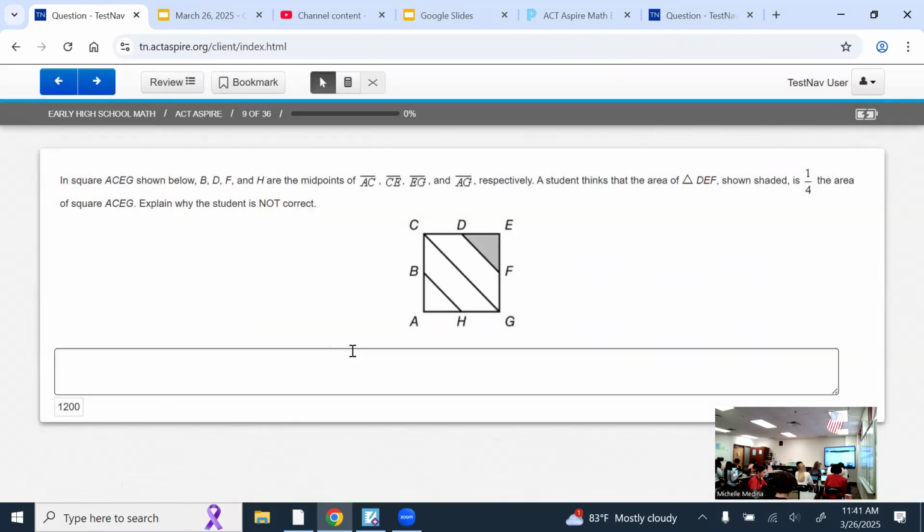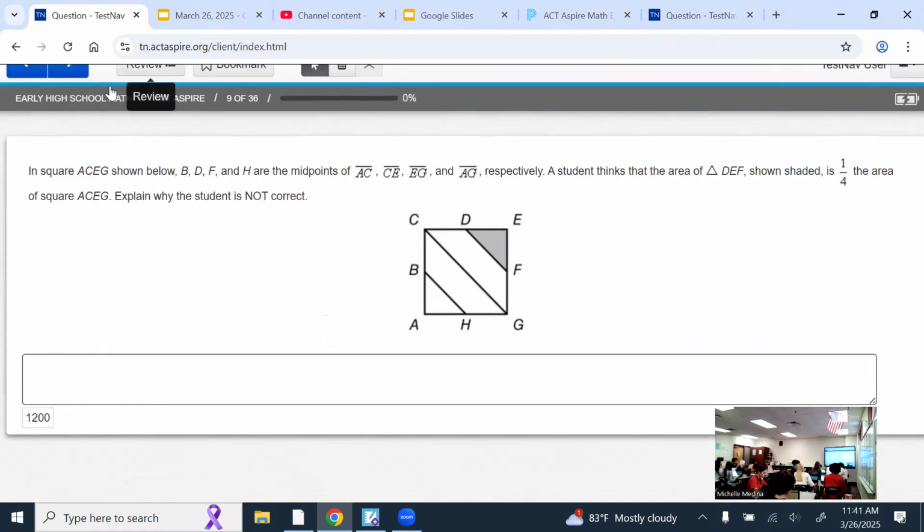So number 9, a nice little geometry question. So we have square ACEG, so that's how we name the squares by all their corners. Shown below, B, D, F, and H are the midpoints. If you didn't know, midpoints are always the halfway between something.